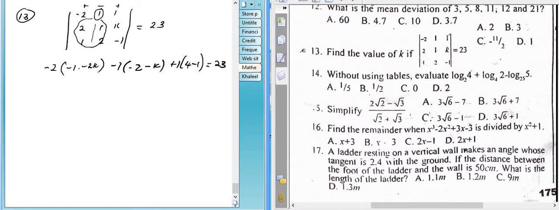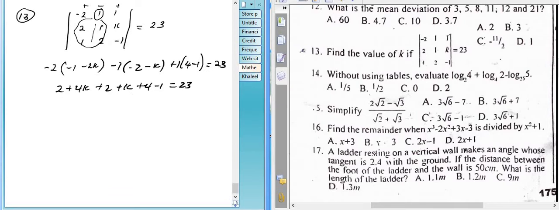exactly equal to 23. Then we can say here is 2 times 1, that's positive 2. Then this one is also positive, that's 2 times 2k, that's 4k. Then here is positive 2 also, here is positive k also. Then here is 4 plus 4, then minus 1 is equal to 23.